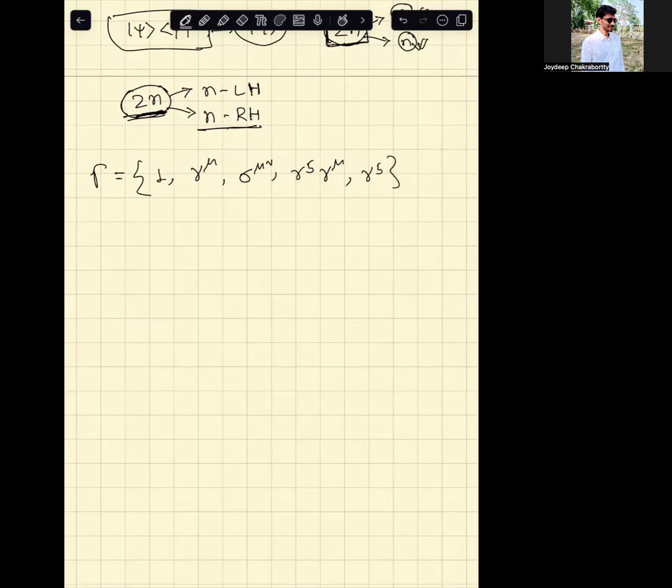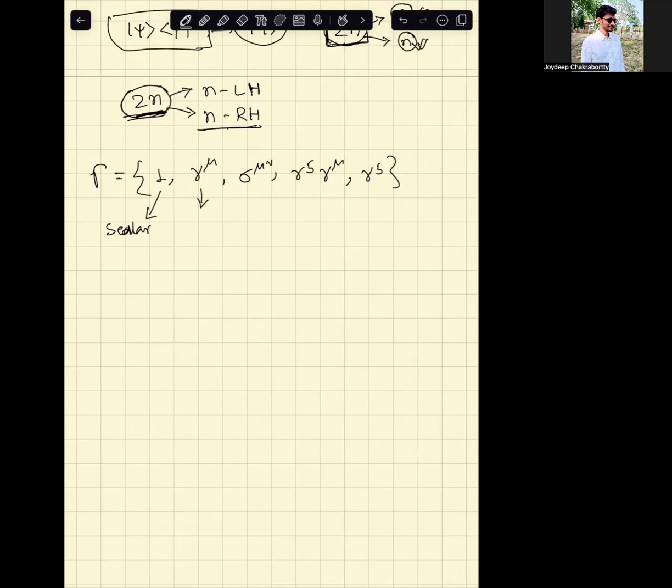These are the different variants of the gamma representations you can write down. Now, what does this 1 signify? Under the Lorentz transformation, this is transforming like a scalar, right? So it is not transforming at all. We can say that way.